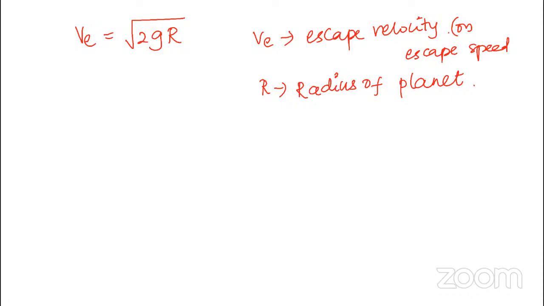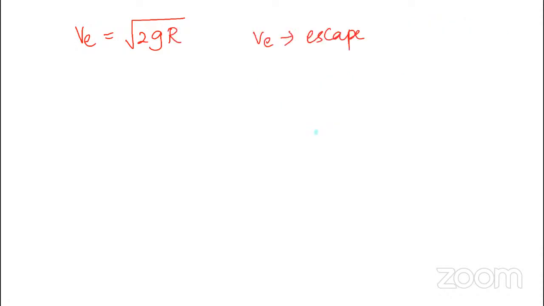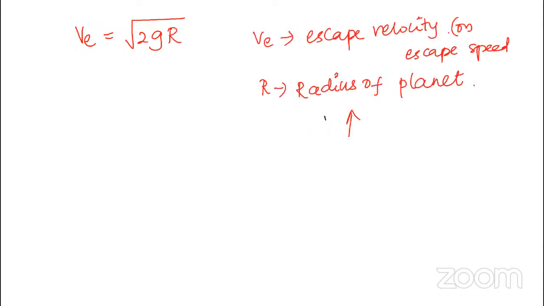Okay, so for that, what is our main aim? The velocity should be increased. Okay. So when we increase the velocity, if the force value is increased, automatically the velocity will be increased.